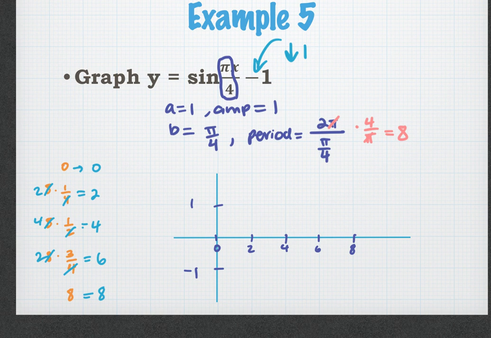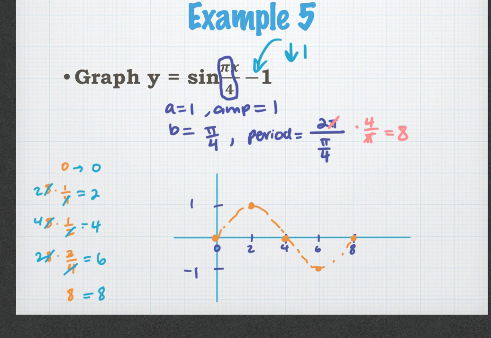It is sine. So we start at 0, we go up to 1, we come down to 0, we go to -1, we go back up to 0. And this is without my vertical shift, so it is not my answer. With me so far?